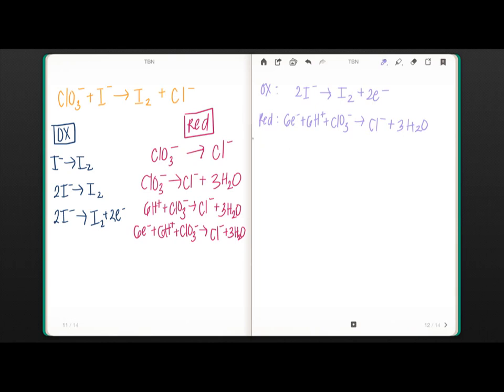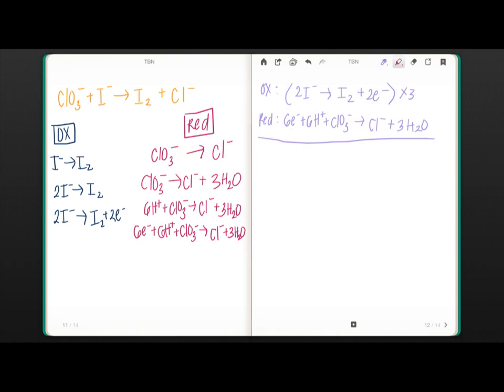What you're trying to cancel out when balancing these two reactions are the electrons. So the only way to do this is this first equation, the oxidation equation, has to be multiplied by 3. Because when you multiply 3 for each of the coefficients, you'll have 6 electrons and 6 electrons, and you'll be able to cancel those out.